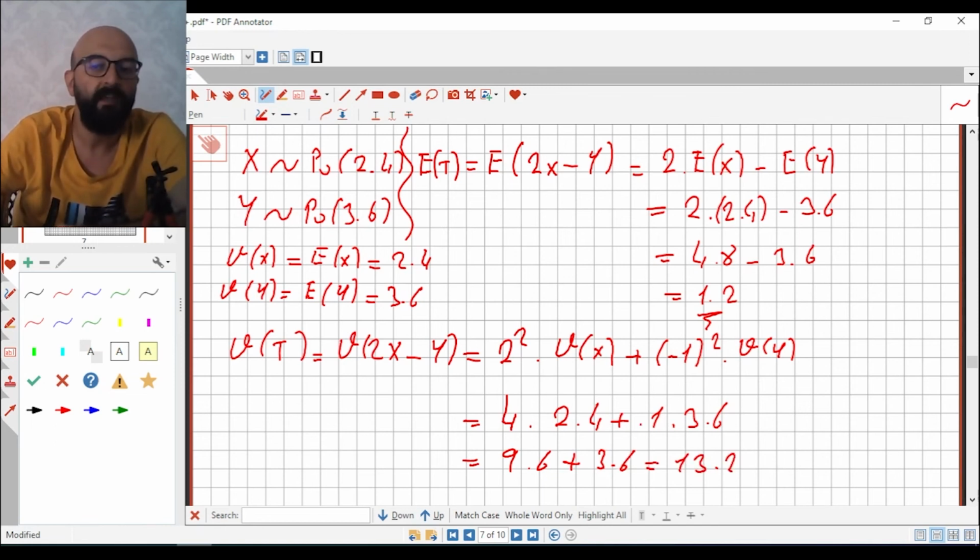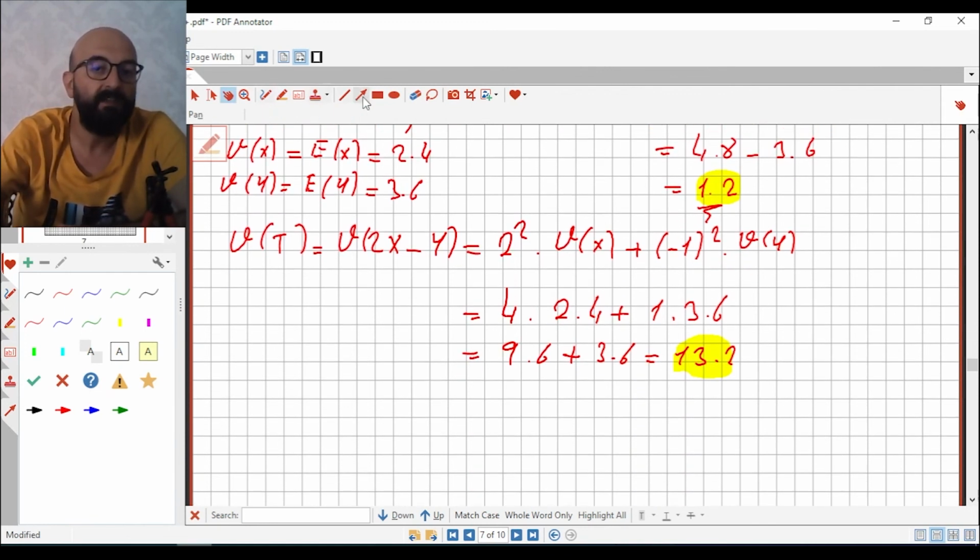13.2. Okay, now you notice that for t the expected value we worked out is 1.2, and for t the variance we worked out is 13.2.